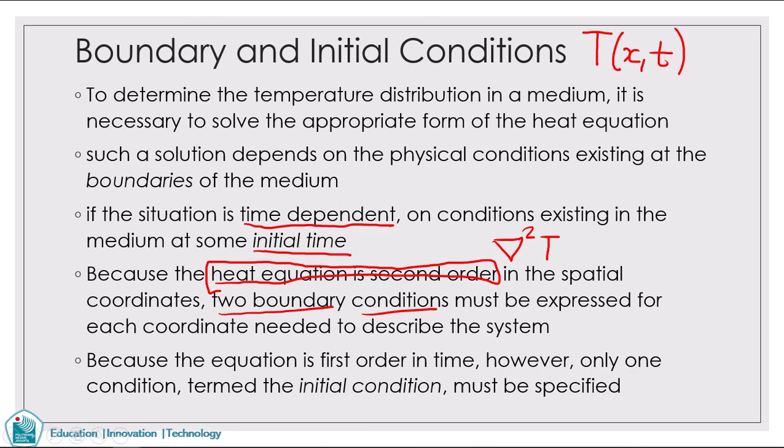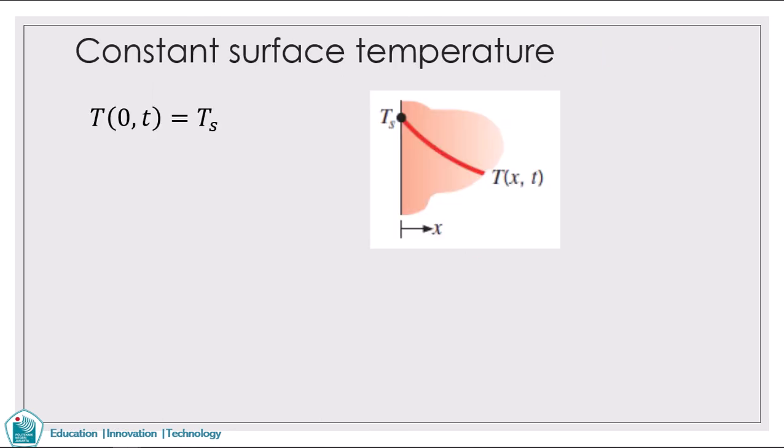Let's talk about the first condition. The first condition is called the constant surface temperature. We have T(0,t) equal to Ts, where Ts is always constant at x equal to 0, at any time.